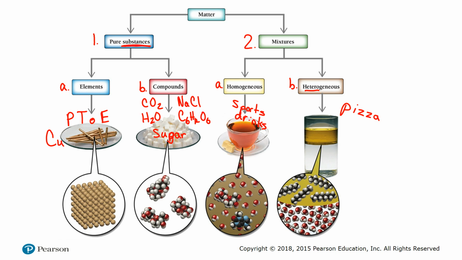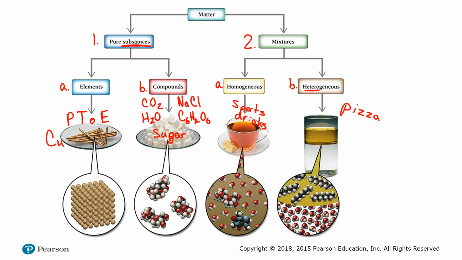You can see the cheese, you can see the sauce, you can see the meats or vegetables or whatever. You can see the crust, you can see the grease, you can see all of those things in it. So heterogeneous means that it's a mixture of things that can separate or that we can see separate particles.